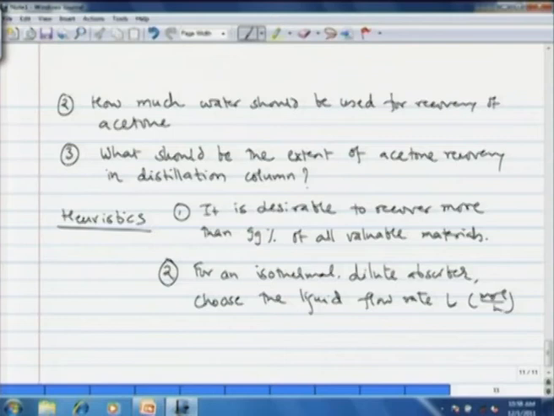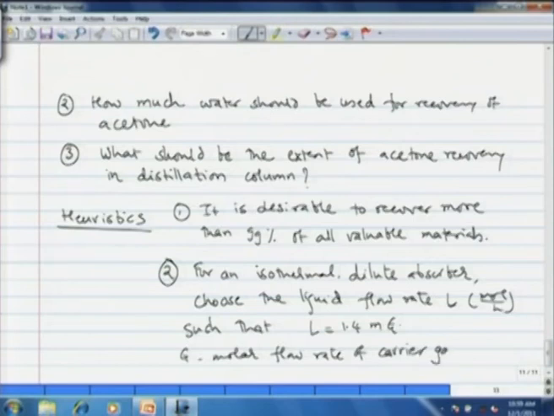The unit of liquid flow rate is not kg per mole, such that L is equal to 1.4 m into G, where G is the molar flow rate of gas. And it is the carrier gas that we should note. G does not include the acetone moles, but only air moles. Okay. So, these two heuristics we are going to use for designing the absorber.